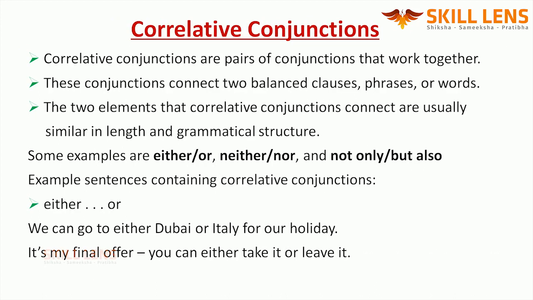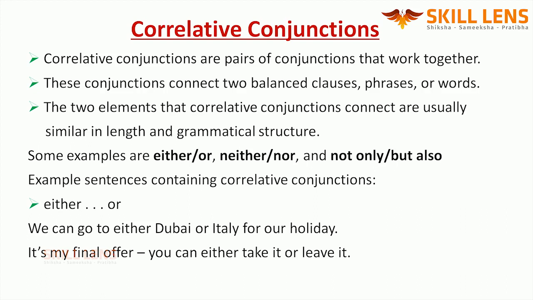We'll talk about correlative conjunctions now. Correlative conjunctions are pairs of conjunctions that work together. These conjunctions connect two balanced clauses, phrases, or words. The two elements that correlative conjunctions connect are usually similar in length and grammatical structure.